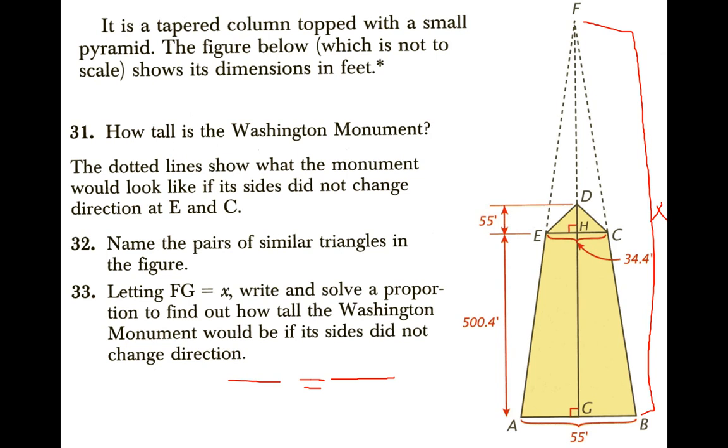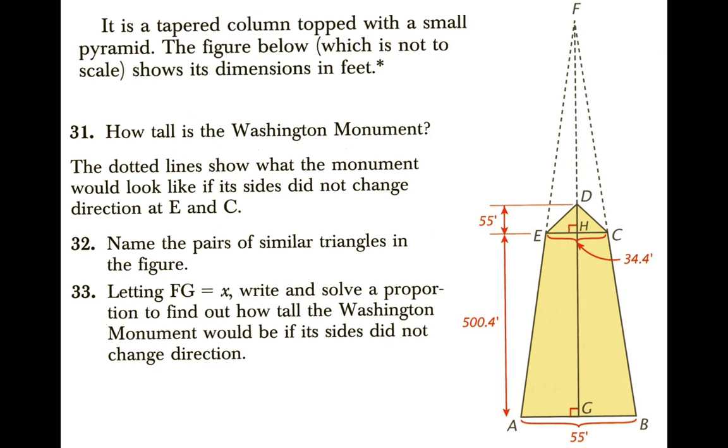So if I thought it was triangle FEH and FAG, then I would set this part to this part, and then this part to this part. That might be one way to do it.